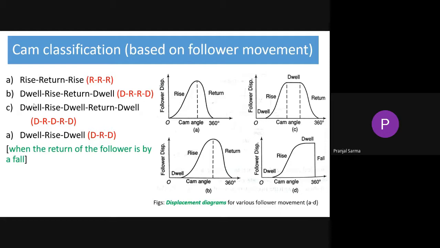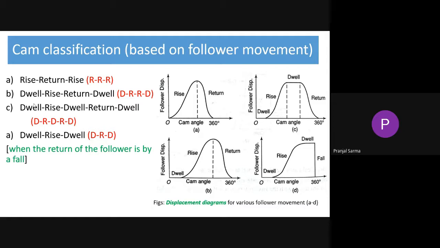Rise, return, rise means initially the follower goes up, then goes down, and once again goes up. If you think of a complete revolution, this is what happens, and after that the same motion will be repeated. That's why, if we can analyze the motion the follower gets within a complete 360-degree revolution, after that it will just be repetitive.